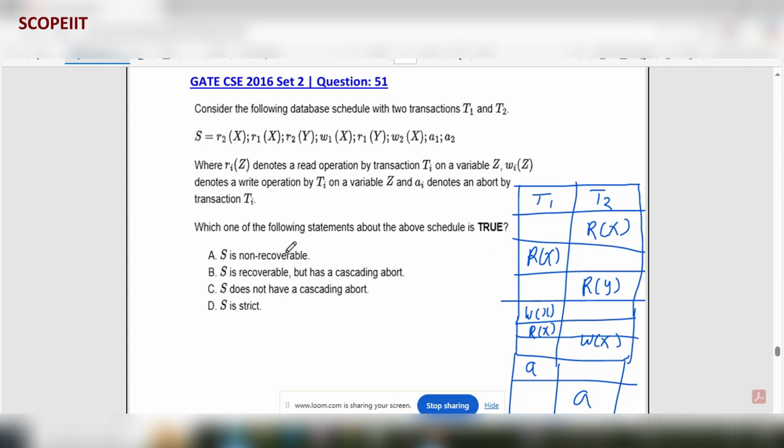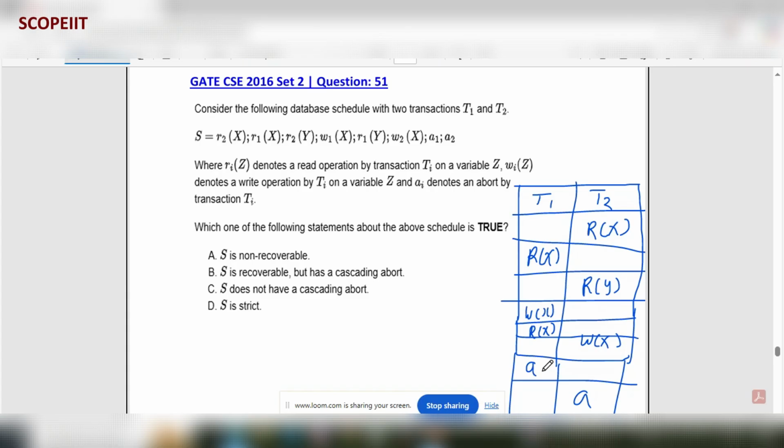I already explained recoverable and non-recoverable. Recoverable means if any problem arises, we can recover, we can roll back. Non-recoverable is when it is committed. But here they said S is non-recoverable, while here you can see transaction T2 performed, then T1, then T2, then T1.